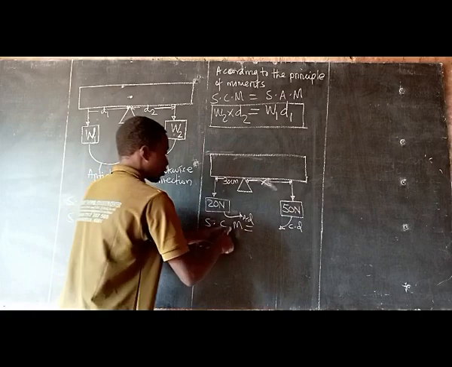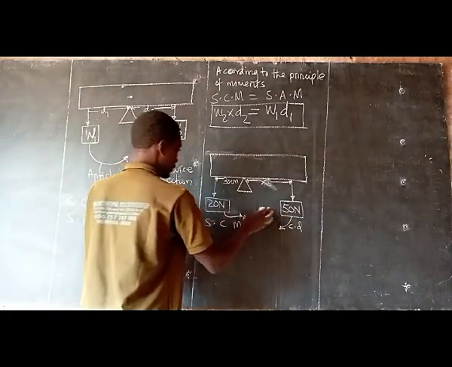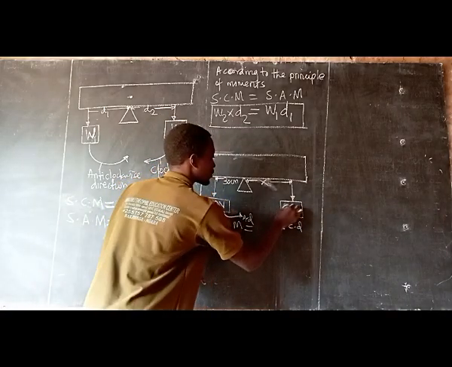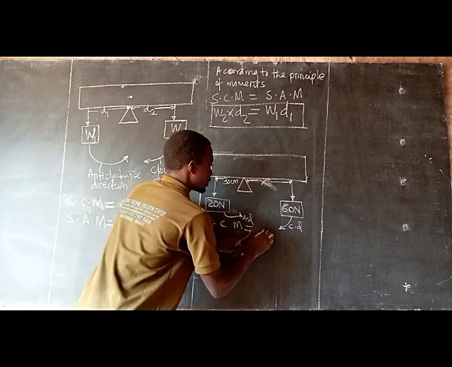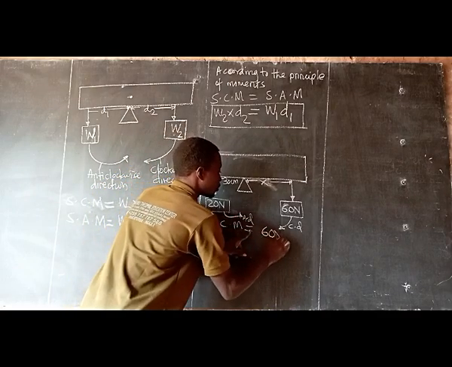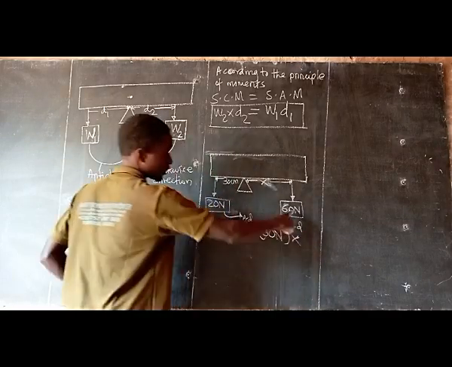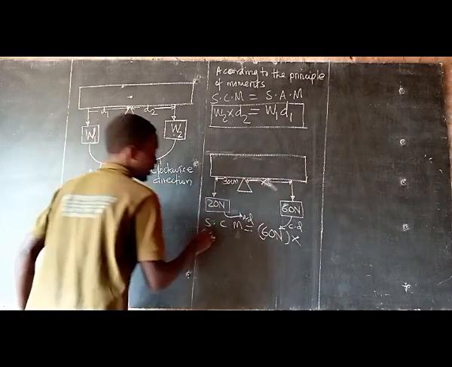Let us change this and make it 60 Newton. So the sum of clockwise moments will be 60 Newton times x. It means the weight times its perpendicular distance, which is x.